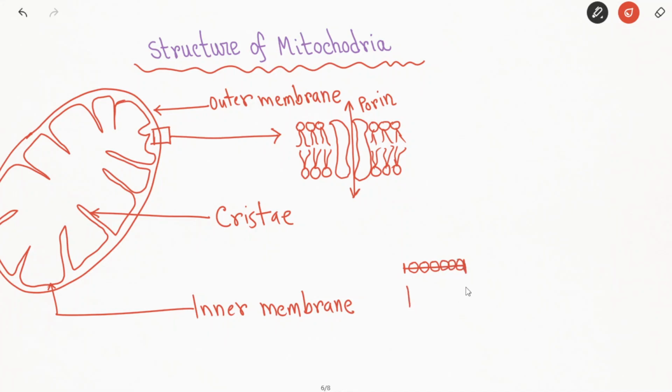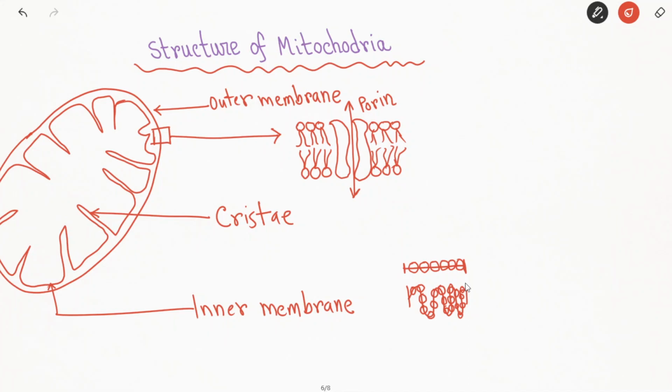With the same space, if we have a membrane folded like this, you can see the surface area has increased a lot, so it can now accommodate a lot more proteins compared to the one above, right? So the folding increases the surface area of the inner membrane.